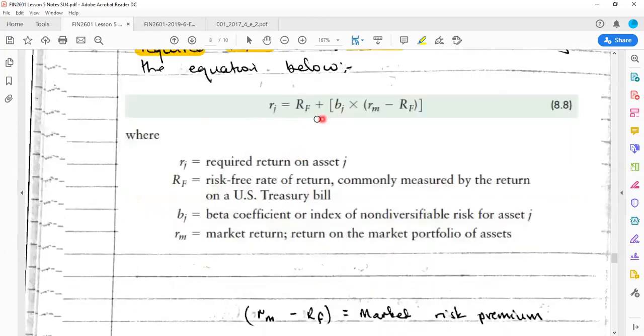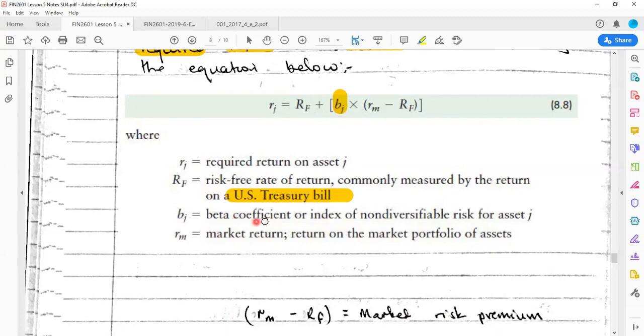So to calculate the required return using the capital asset pricing model, we use the following formula. RJ is the required return on asset J. RF is known as the risk-free rate, or sometimes they call it the return on a government bill, on a treasury bill. The return on a government treasury bill, that's RF, is the risk-free rate of return.